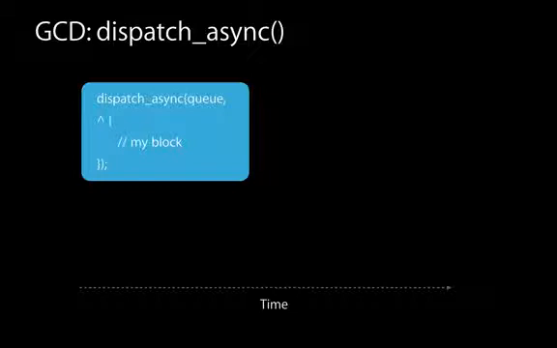Basically, you divide your task up into smaller work items called blocks, and then you enqueue the block to a queue using two ways, synchronously or asynchronously. We're going to focus on the latter because it poses a bigger challenge when it comes to debugging. You enqueue asynchronously using the dispatch_async API.